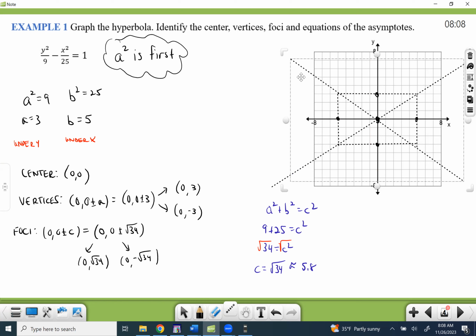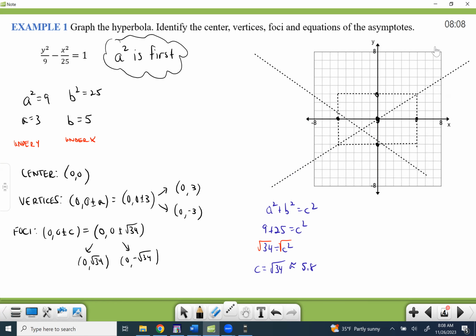There we go. It's a little bit off the screen. Perfect. Okay.